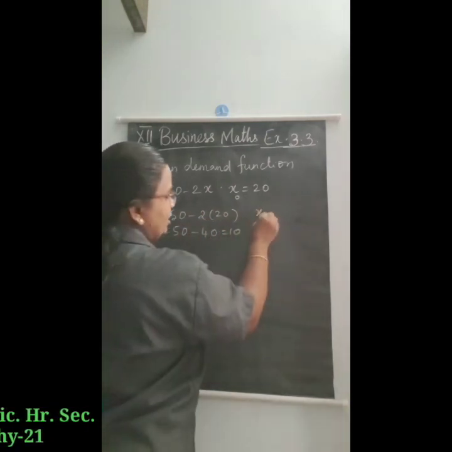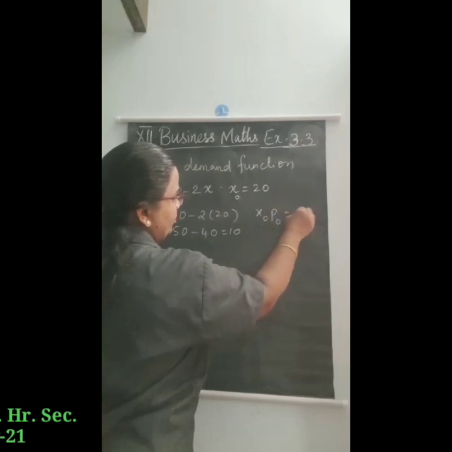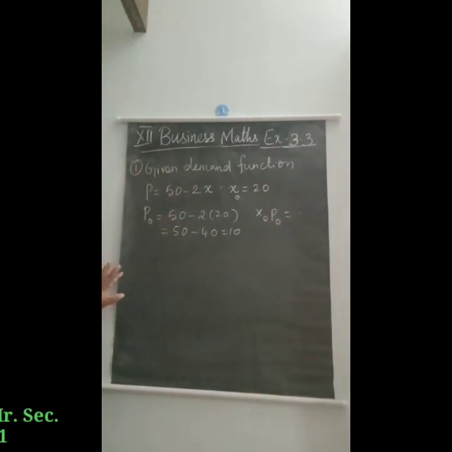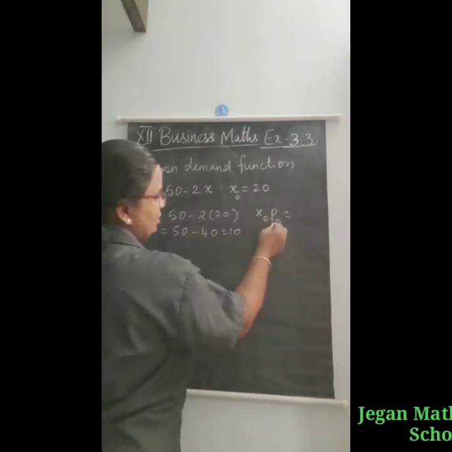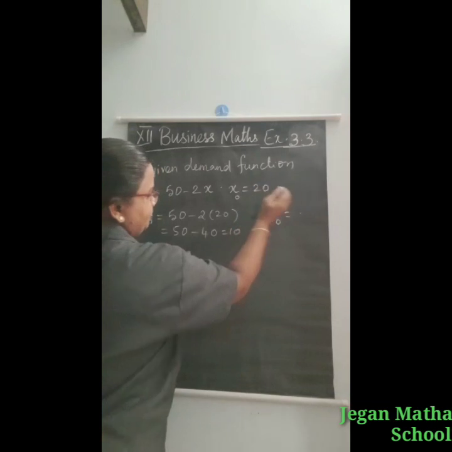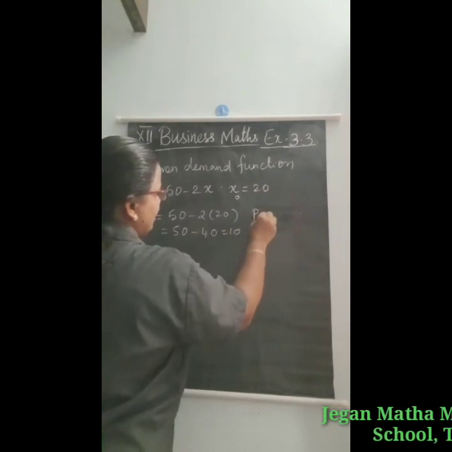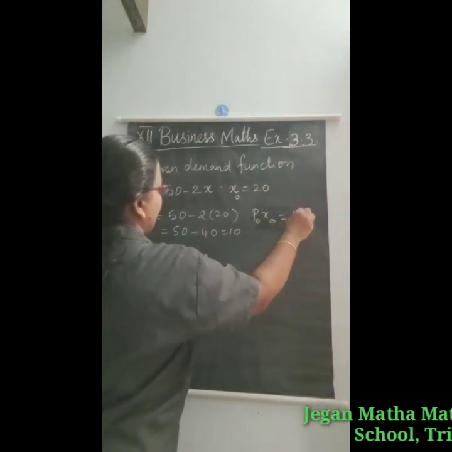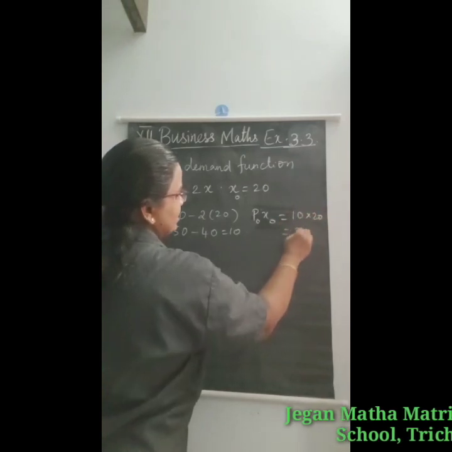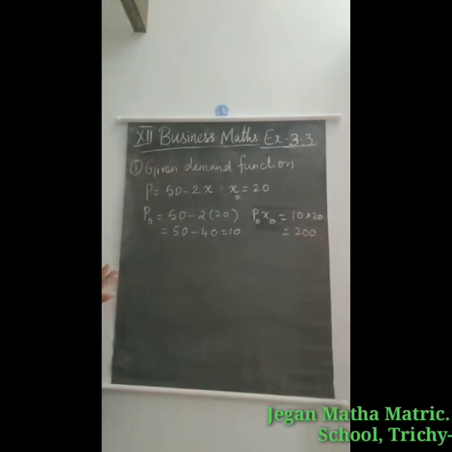So x naught into P naught we have to find out because the formula is consumer surplus is equal to integral of 0 to x naught f of x dx minus P naught x naught. So we have to find out P naught x naught. P naught x naught is equal to 10 into 20, that is equal to 200.